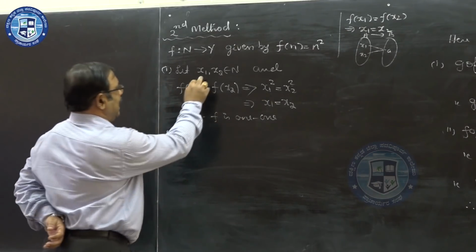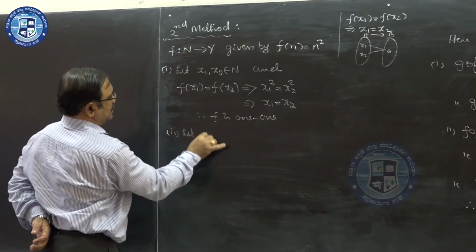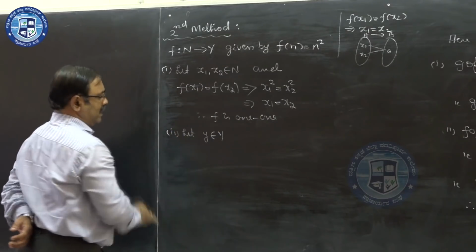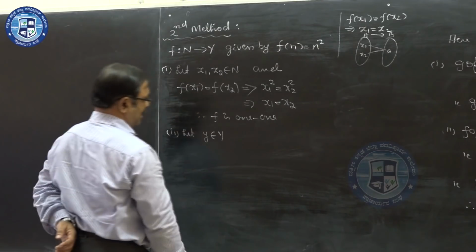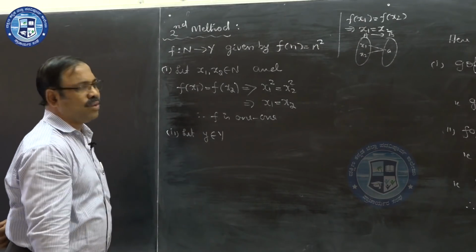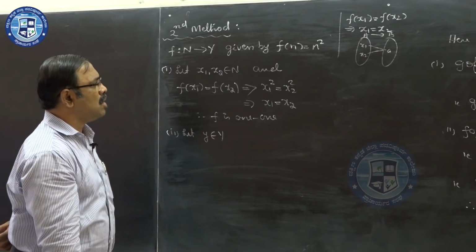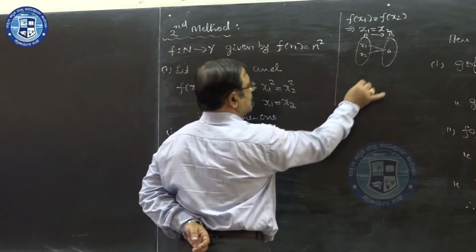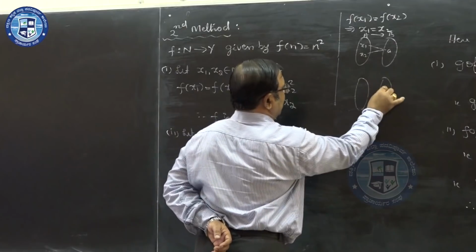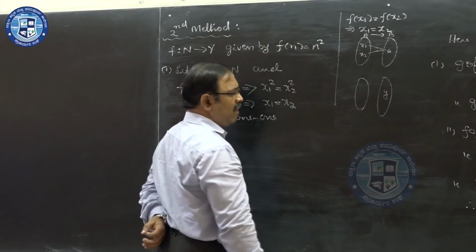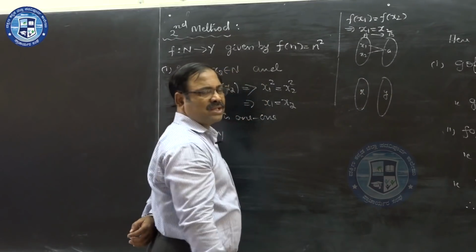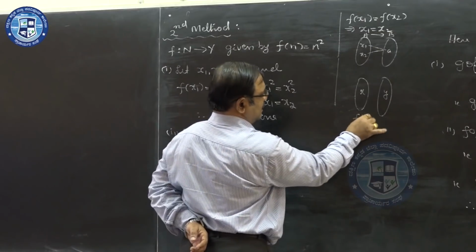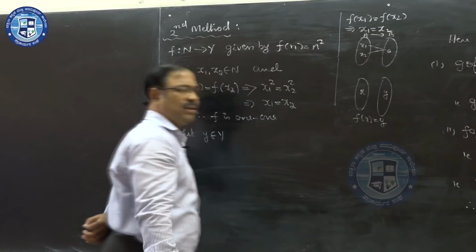Next, let y belong to Y. How do you verify onto? Onto means for every y belonging to the second set, there exists x belonging to the first set such that f of x is equal to y.